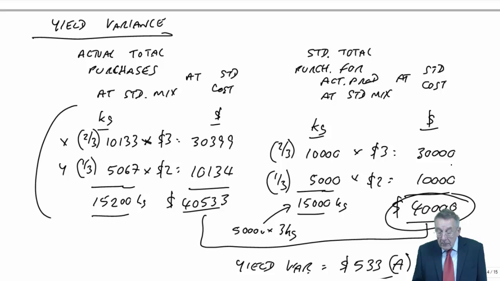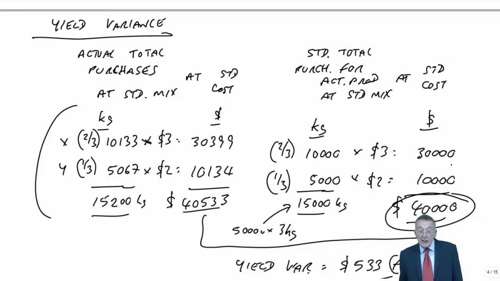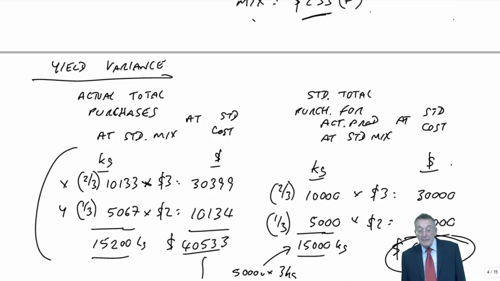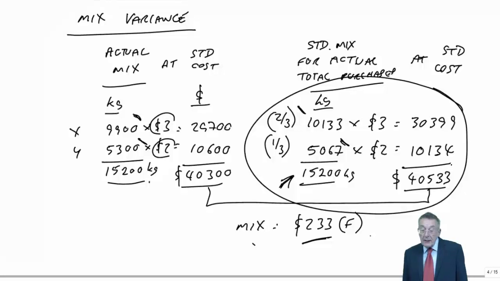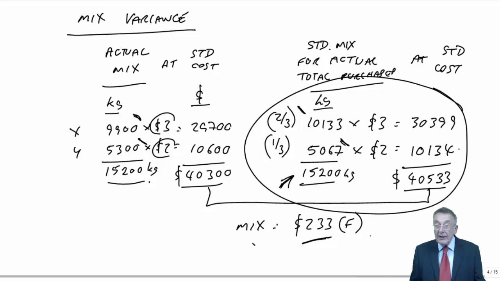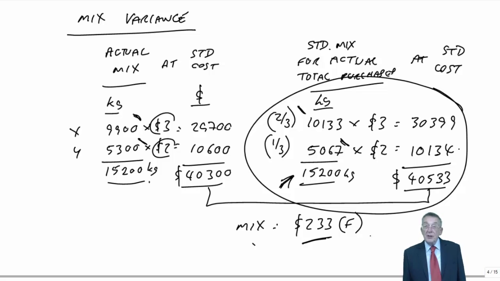The yield variance, by using those extra 200 kilos, on its own cost us 533 extra. We'd have paid 45.33. So why wasn't that the end of it? Because it's 45.33 if we mix properly. We changed the mix. We had more of Y and less of X. That saved us 233.